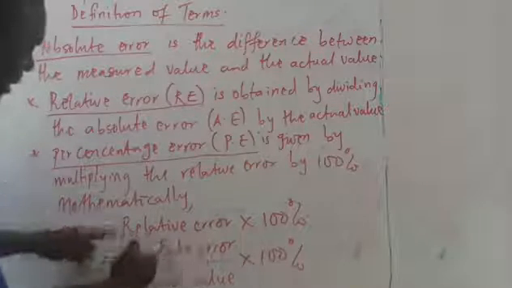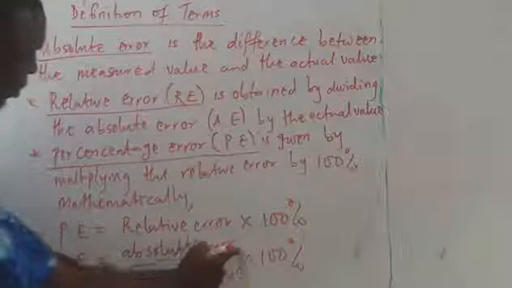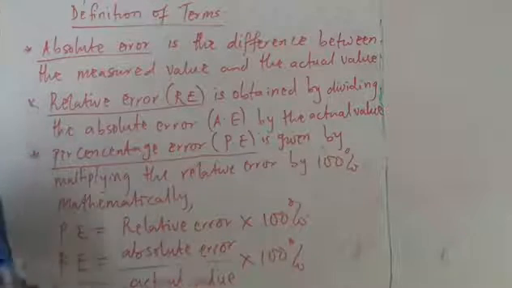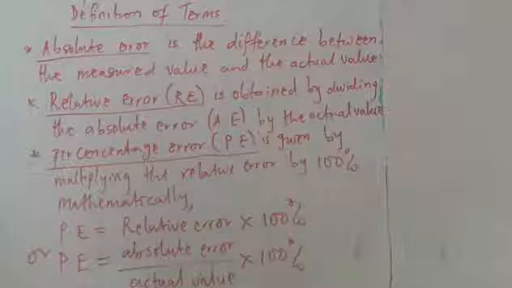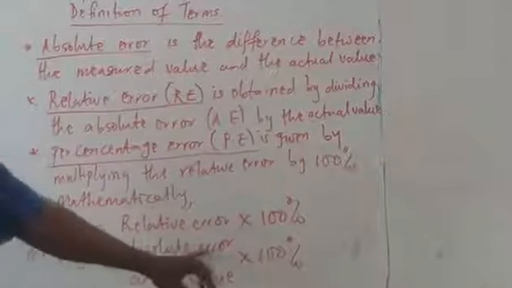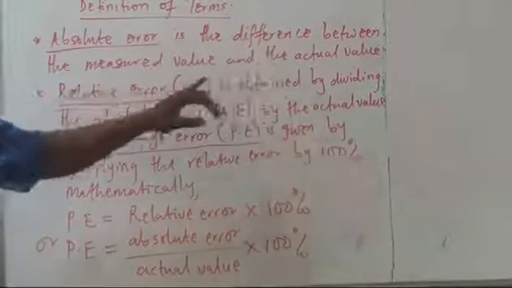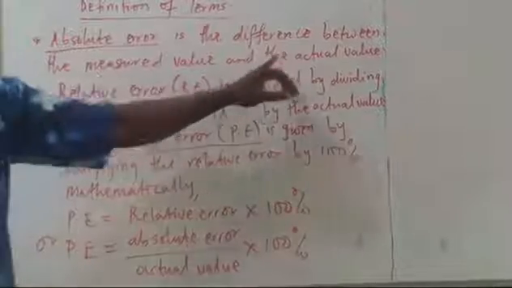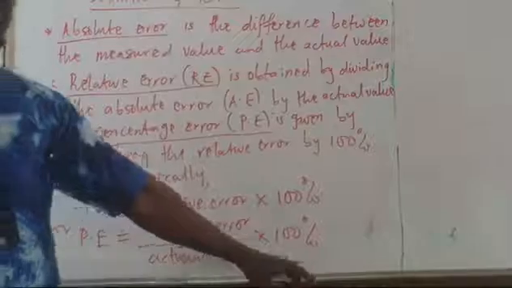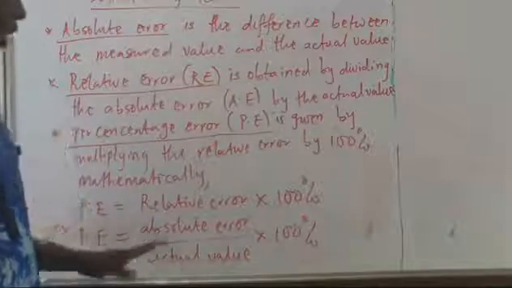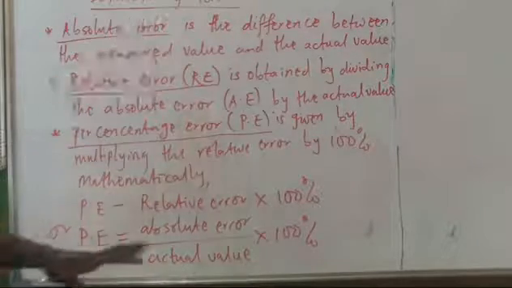And how do we get the absolute error? The difference between the measured value and the actual value. So that is that on definition of terms.